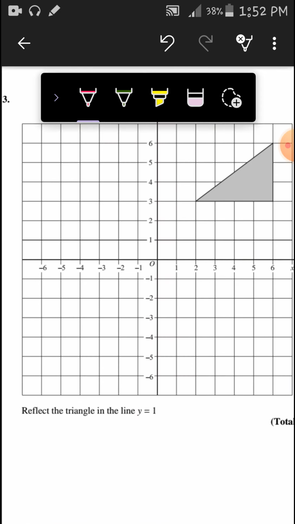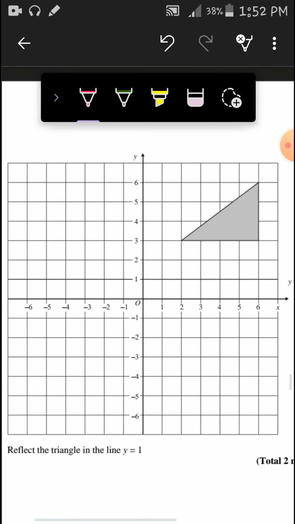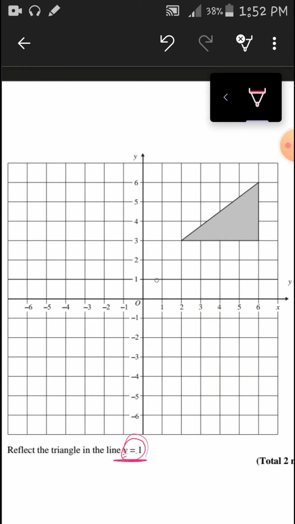Okay, reflect the triangle in the line y equals 1. Here he didn't mention the mirror, and you don't know how to draw this because we didn't study this yet. But I will give you maybe a little idea about how to draw the line. y equals 1, so on the y-axis at 1 we have a line which is parallel to x and passes through the y-axis at 1.